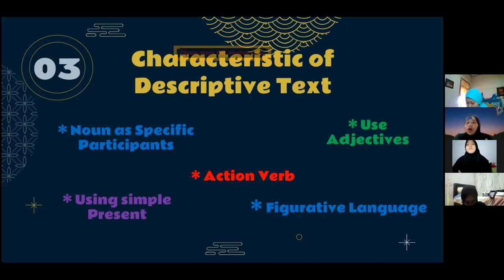Okay, I think not all the characteristics are present in the descriptive text, but they always have the noun as the specific participant, adjectives, action verbs, and the simple present, but the figurative language is additional.